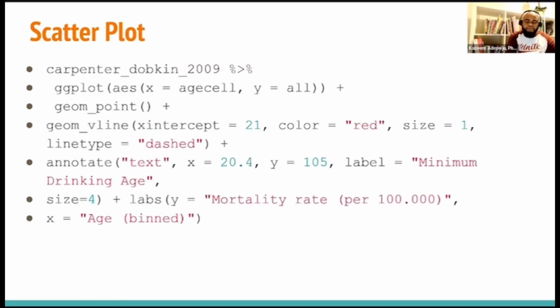Part of the preliminary investigation that we do when we are trying to characterize a relationship is to generate a scatter plot. In generating the scatter plot, I've taken into consideration that 21 is the minimum alcohol drinking age, and the mortality rate is per 100,000.